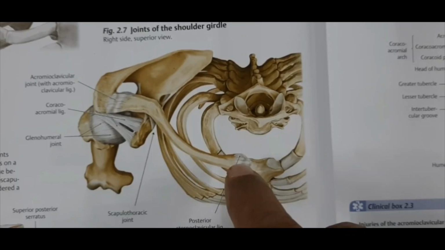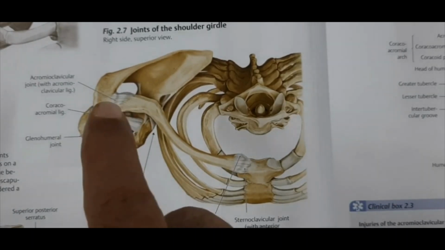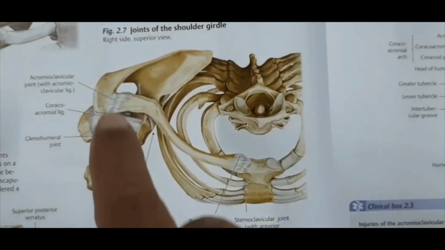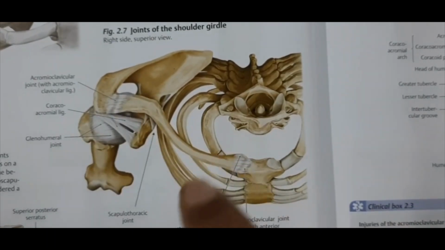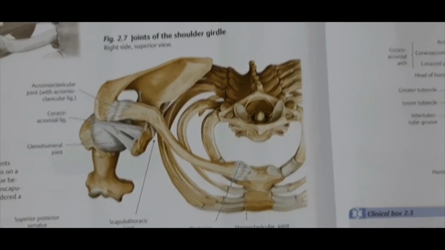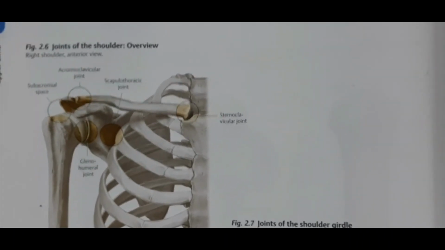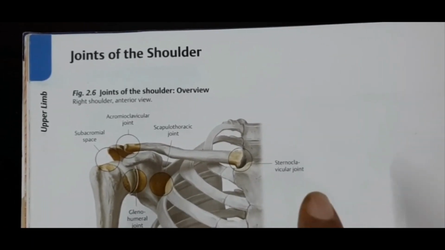So you can realize that this medial end is more forward as compared to the lateral end, which is backward. That is one position which you can visualize from this diagram, but in this you can also visualize another aspect of the anatomical position. Let us see here.